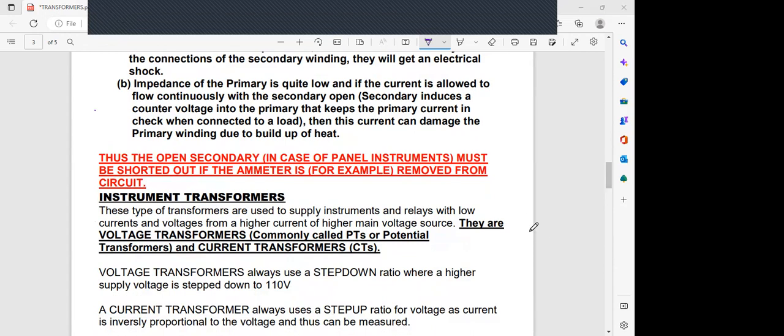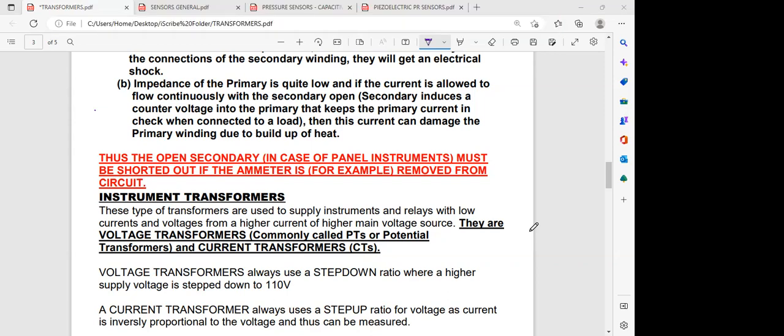Okay, so your instruments on your main switchboard, your emergency switchboard, we have ammeters, we have voltmeters. So how are those particular things? Suppose one of those meters has got damaged. If we keep the secondary open over there, remember we are not stepping up.